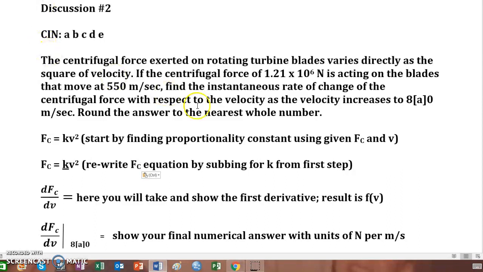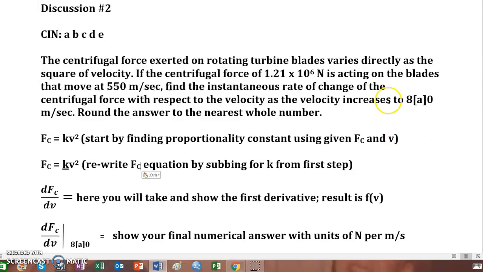The second thing is that we're going to be finding the instantaneous rate of change of centrifugal force with respect to velocity. When we talk about the instantaneous rate of change of a function, that is the discussion of the first derivative of that function.